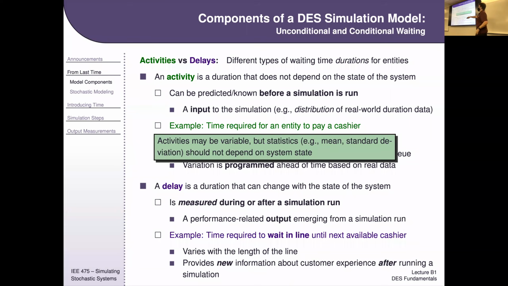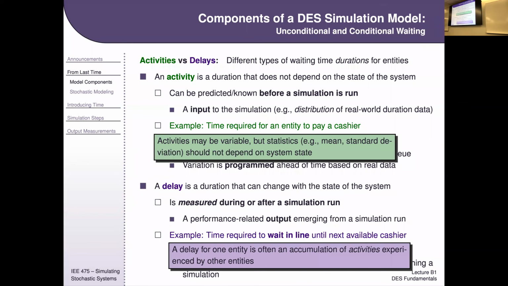All right, activities. I do want to stress, activities may be variable, but their statistics, mean and standard deviation, do not depend on the system state. I don't know the exact time a document checker takes to check a document. I know a distribution of times, but that distribution does not depend upon the system state, whereas a delay for an entity is an accumulation of activities experienced by other entities.